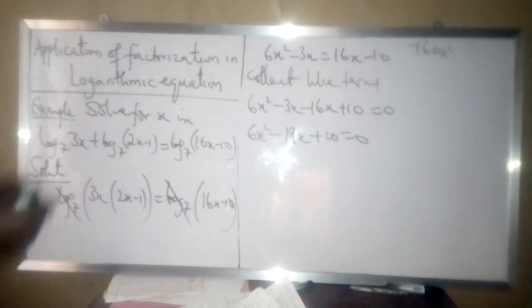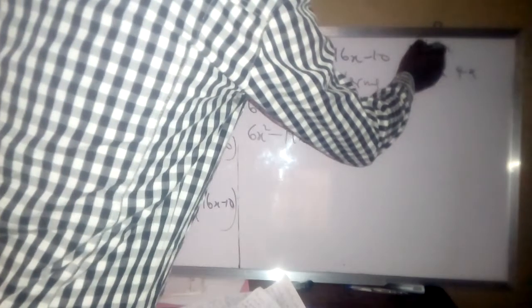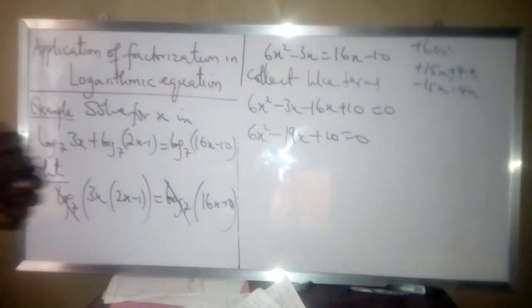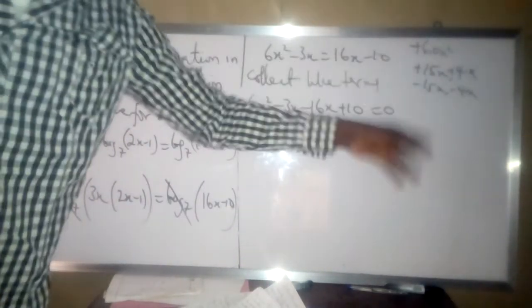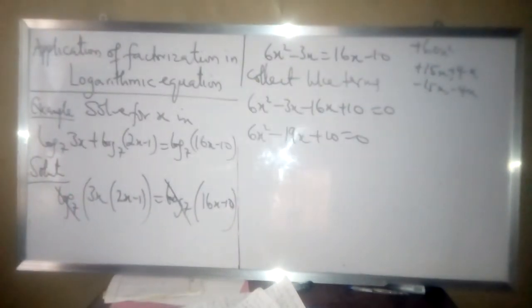So without wasting our time, 15 and 4 we do. Since it is a positive sign we are looking for, both of them must take positive sign, or both of them will take minus sign, so that by the time you multiply them out again, it will give you back plus 60x squared.